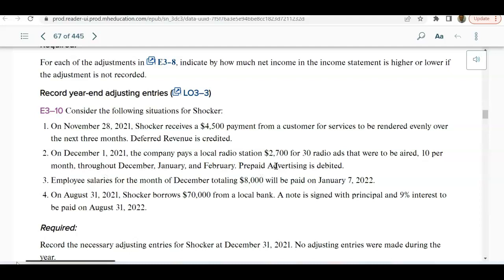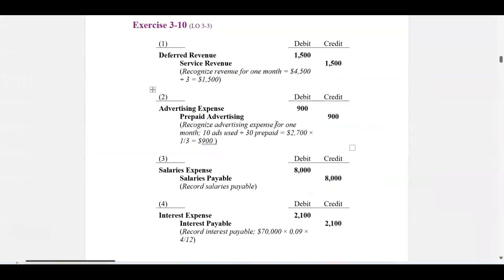So 2,700 divided by 3, right? 10 per month throughout December, January, and February, prepaid advertising is debited. So what is the journal entry here? Let me show you my adjustments. But before we go to adjustments, let's look at the journal entry on the camera.